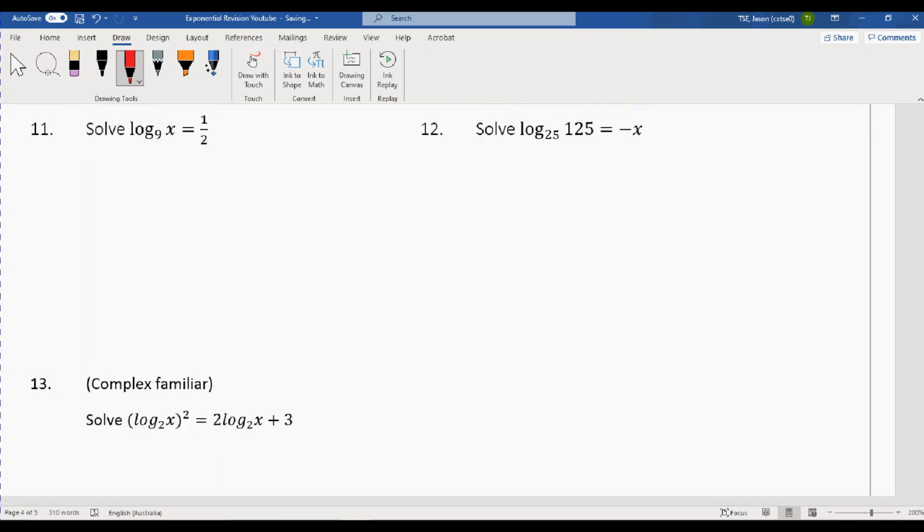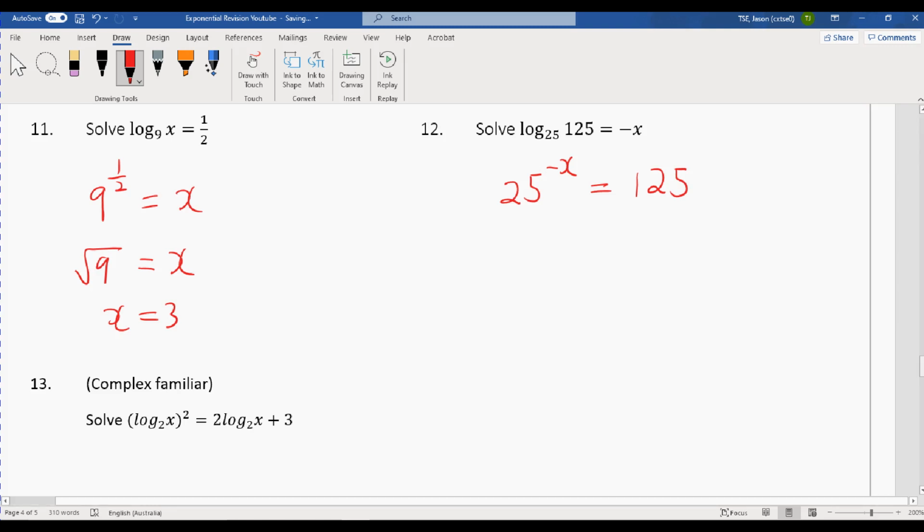And for this one as well, 2 to the power half equals x. Remember, half a power means square root. So x equals square root of 3. Then this one, 25 to the power minus x equals 125. Again, that's 25 and that's 125.